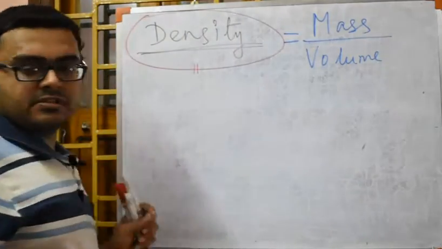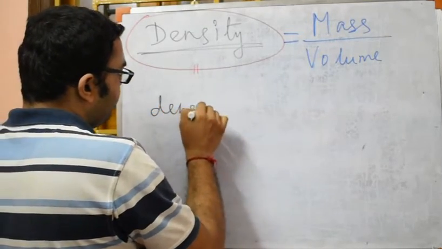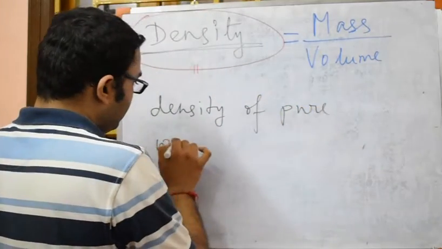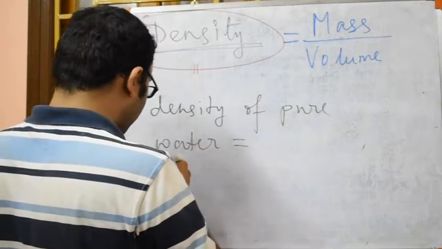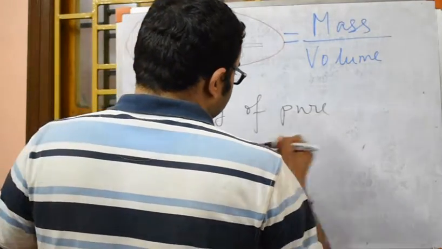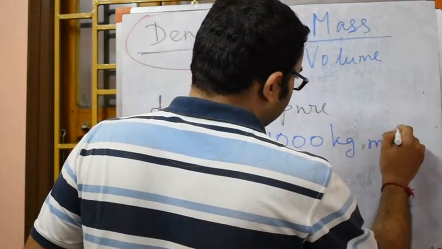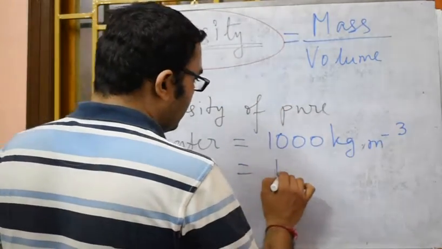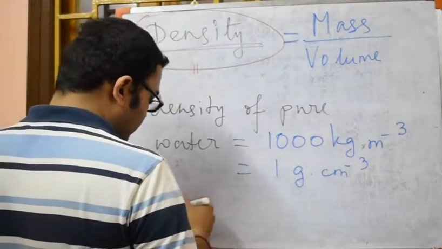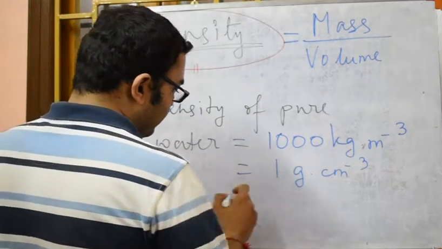The density of pure water is equal to 1000 kg per meter cube, or 1 gram per centimeter cube, and this density is at 4 degrees centigrade.